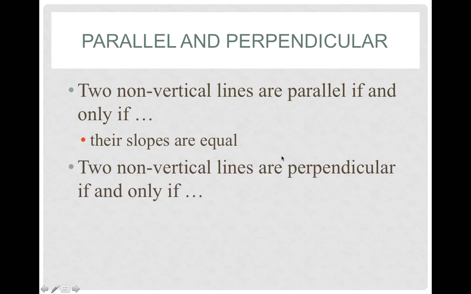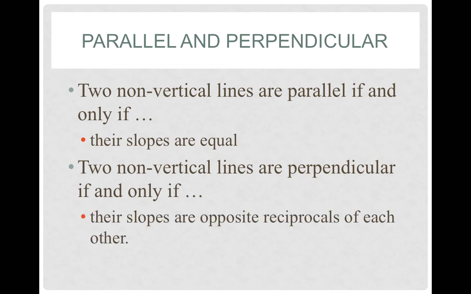Now, if 2 non-vertical lines are perpendicular, it is only the case if their slopes are opposite reciprocals of one another. The y-intercept actually has no bearing on this. So if I gave you the function y equals 3x minus 7, this slope is 3, and therefore the perpendicular slope is negative 1/3.